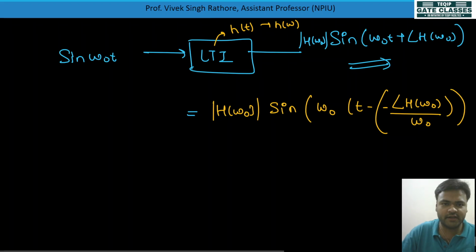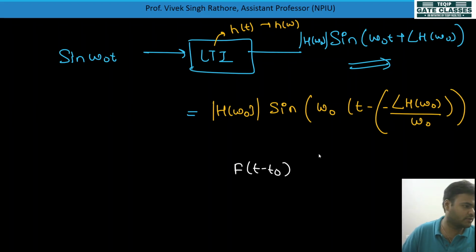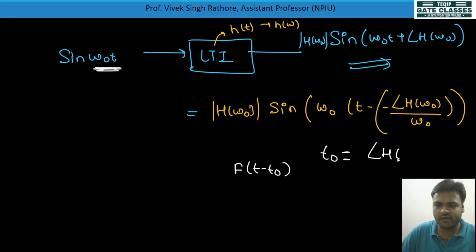So it can be written as f of t minus t naught. Earlier omega naught t was there here, and here also omega naught t was there, but now t has been shifted by t minus of minus something. So you can term t naught as the phase of H of omega naught by omega naught, with a minus sign also.